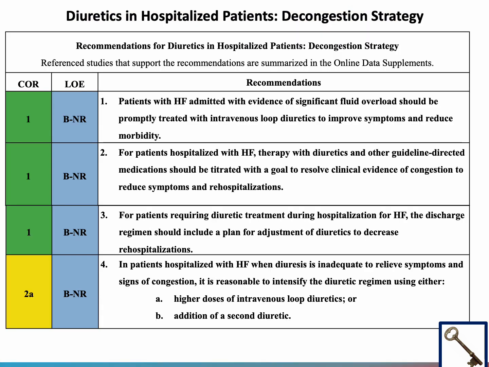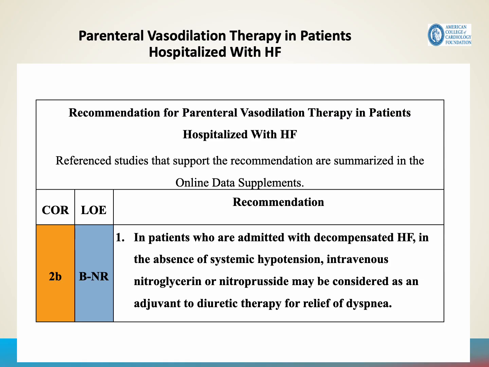Diuretics in the hospital, they talk about approaches to diuretics while patients are hospitalized. You want to be careful about whether patients are fluid overloaded or not. If they are, loop diuretics, with careful monitoring while they're in the hospital. They talk about peripheral vasodilation therapy, pretty limited in hospitalized patients.